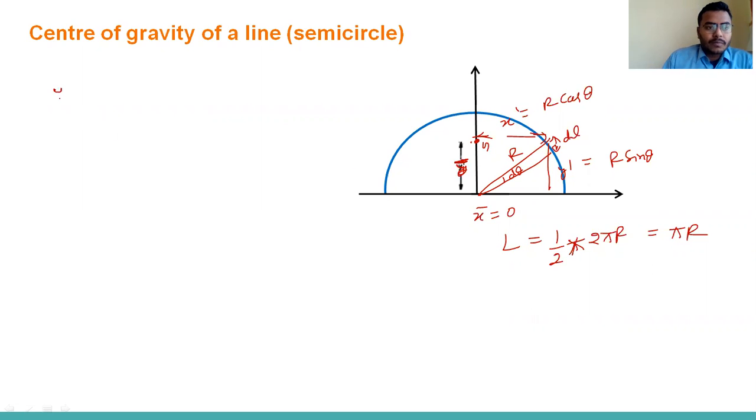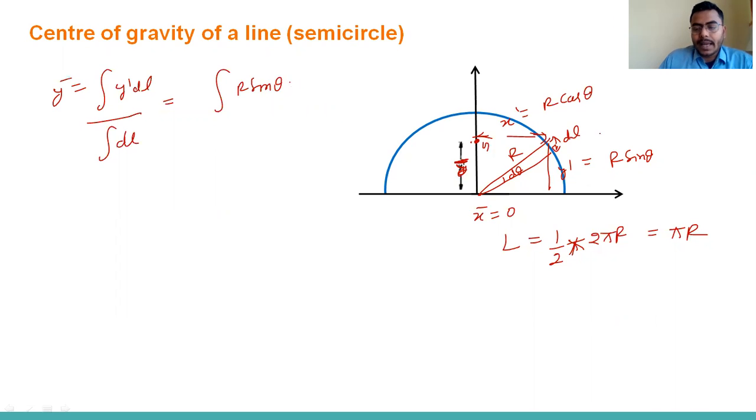Okay. So we have the formula y bar equals integration of y dash dl divided by integration of dl. We have y dash as r sine theta. dl we can write as r d theta. Like previously we have written, divided by length, integration of the differential length.